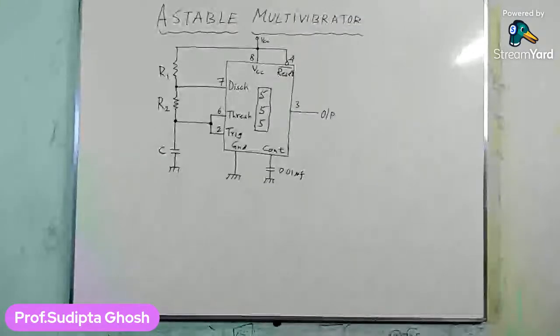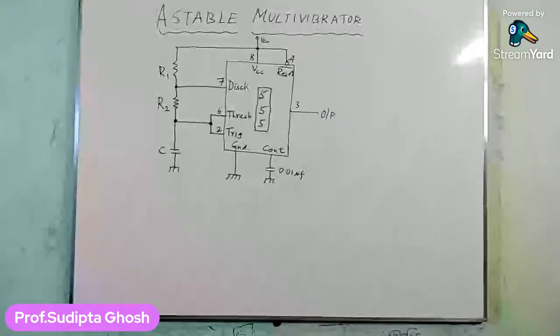We can see that the capacitor C is connected with pin number 2 as well as pin number 6. So the capacitor is momentarily connected to the ground and acts as a short circuit to ground.